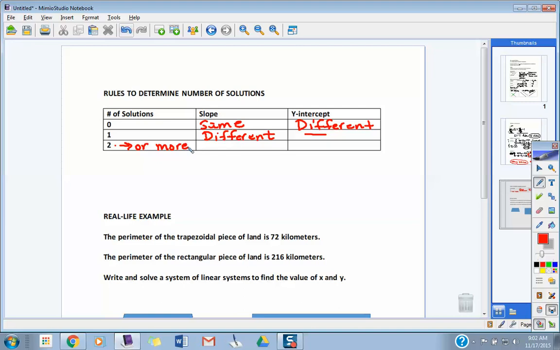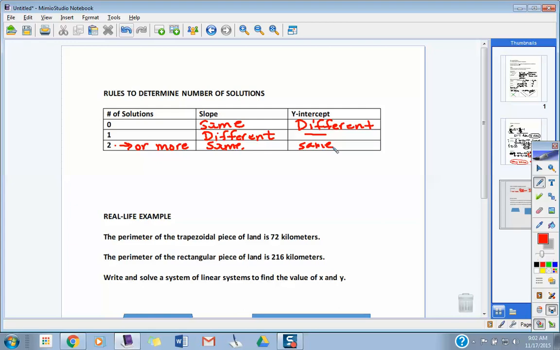That means one line on top of the same line. It means it's the same line, right? So what has to be true about the slope? Same or different? Same. What has to be true about the part where they start? Same or different? Same. Same line has to start at the same spot.